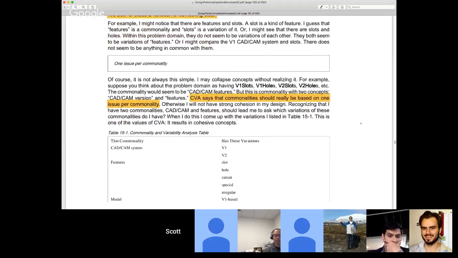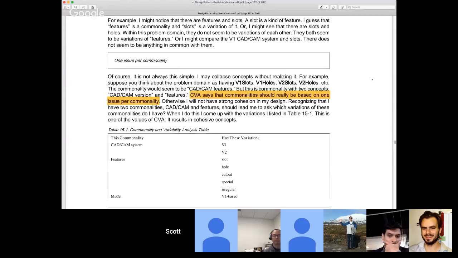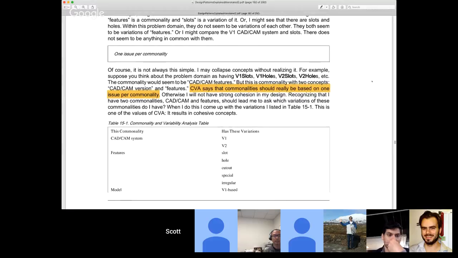So we have features and slots. A slot is a kind of feature. So feature is a commonality and slot is a variation of it. Or he might see that there are slots and holes within that problem domain. They do not seem to be variations of each other. They seem to be variations of features.